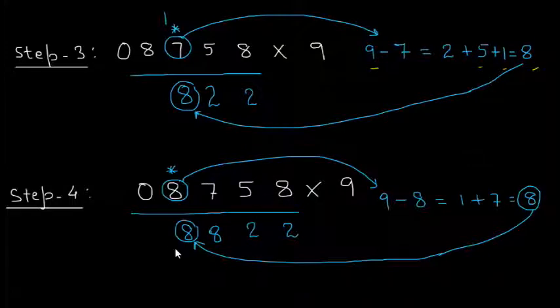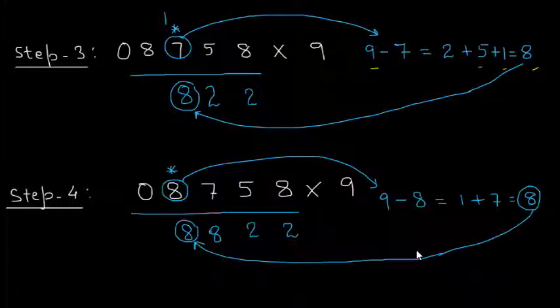Now step 4. The number is 8, its right hand side neighbor is 7. So 9 minus 8, that is 1. You add the right hand side number, that is 7. 1 plus 7 is 8.